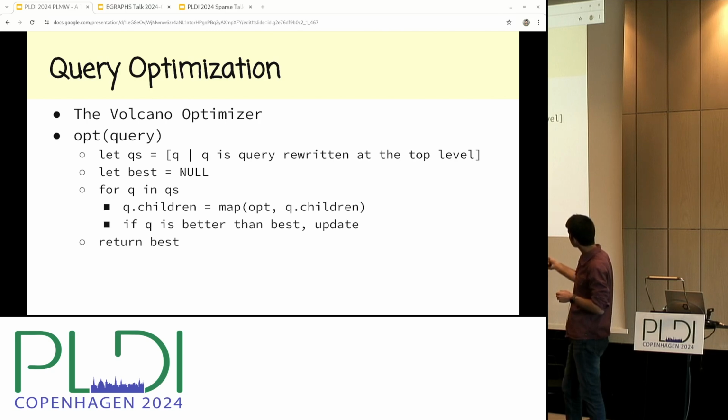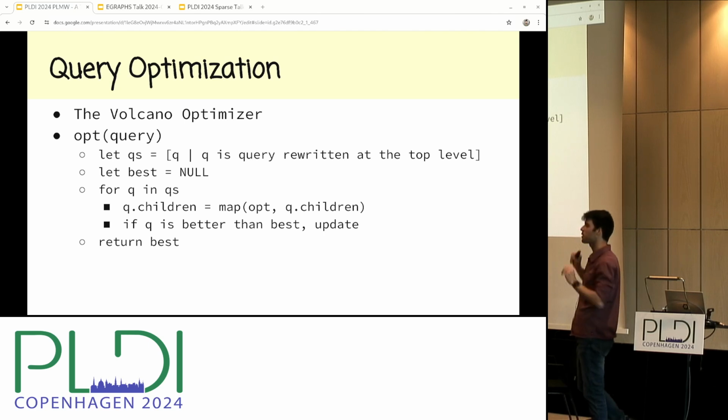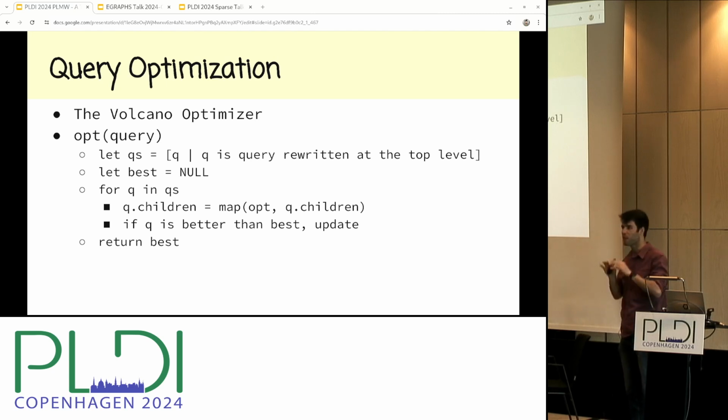Okay? And so the first thing that the Volcano system does is it builds a set of possible rewritten queries. So we're doing term rewriting here. These queries are exactly the term rewrites that we saw before. We're building all of the possible things that this query could be rewritten to, but we're only doing rewriting at the top level. We're not going to worry about rewriting the subterms because we're going to get there recursively.